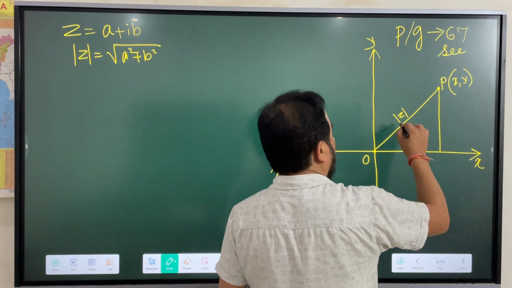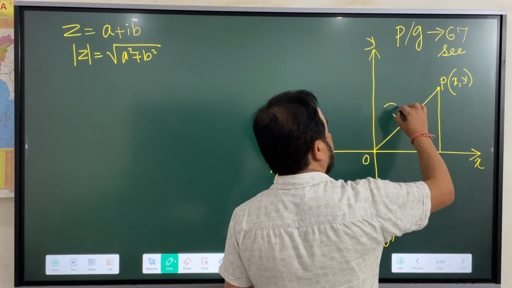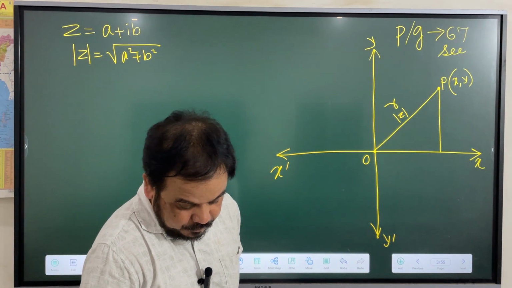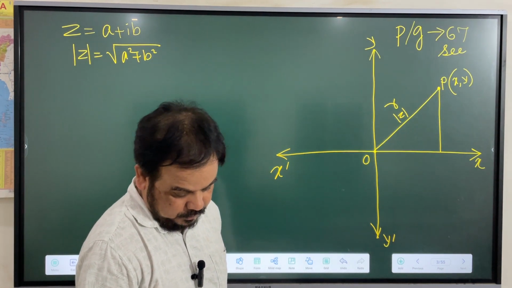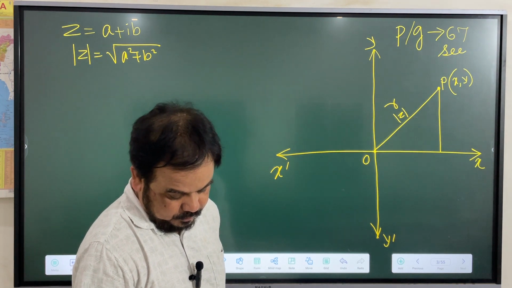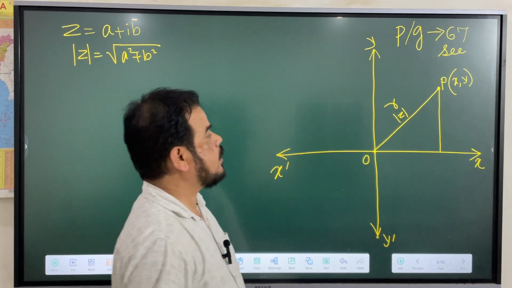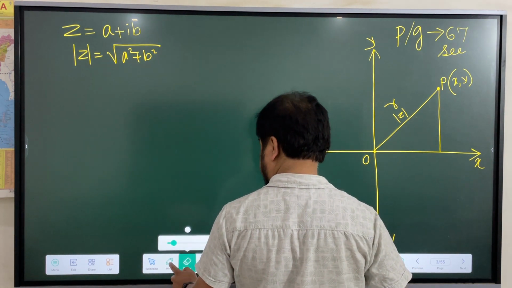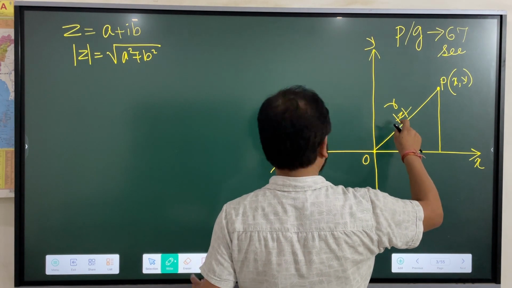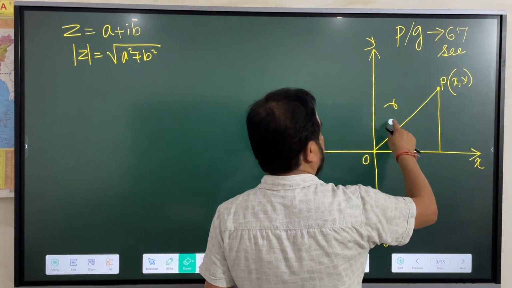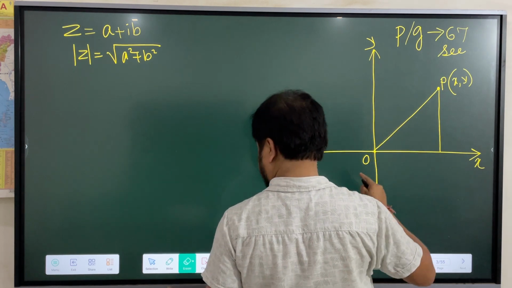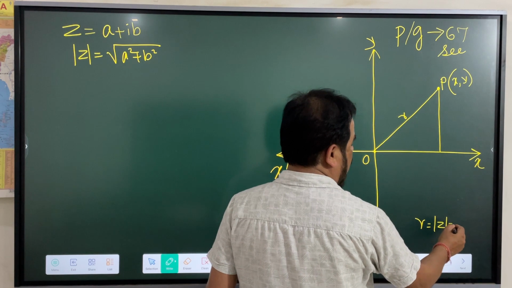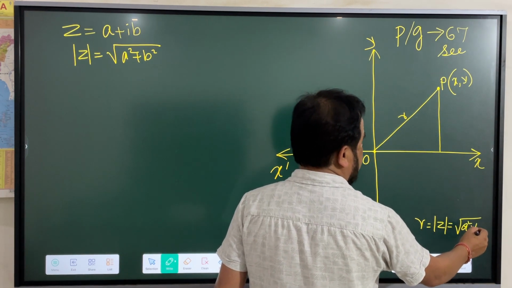But here we denote this mode of z by the letter r. This is r. R means mode of z. R means square root of a square plus b square.